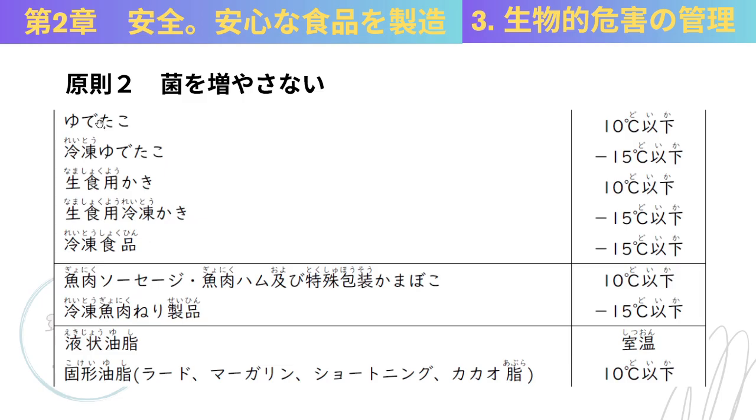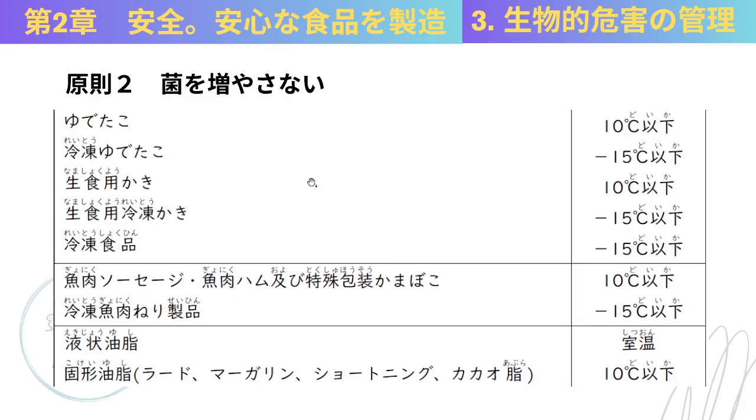So the second thing is yure taco. Yure taco, like the octopus, we need to store at 10 degree. Cooling octopus at minus 15 degree. Namako soyo kaki. About the raw eating meat, this is like clam, right?